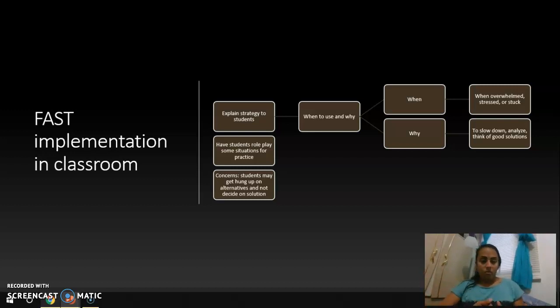My concerns would be, especially for younger students, they may get hung up on alternatives and not decide on a solution, or maybe select a solution that is not the best one, even after thinking it through. But this is where we as adults come in to help guide them towards solutions that benefit everybody involved.